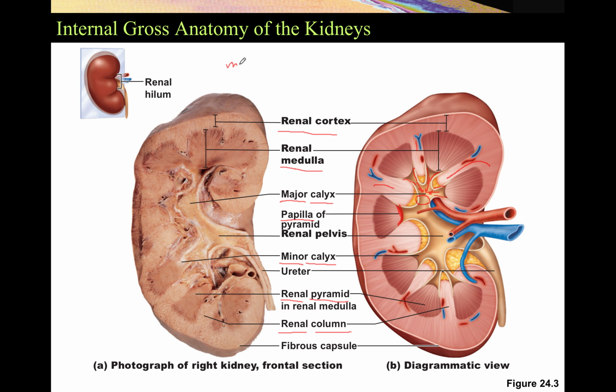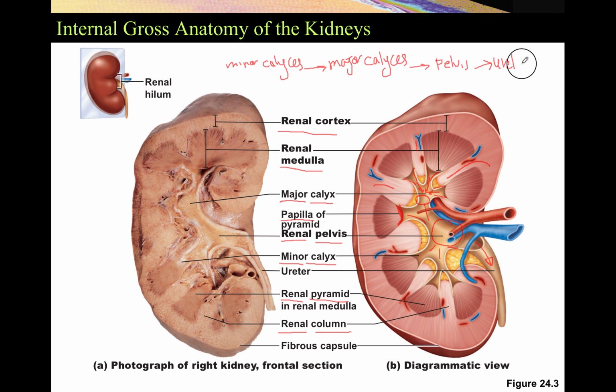So basically, I'm going to start with minor calyces, which is the plural of calyx, which empty into major calyces. And if you follow all of these major calyces you see right here, they empty into this central region, which we refer to as the renal pelvis. So it continues to the renal pelvis. And if you continue that, it basically comes out as the ureter, which is the tube that we have.